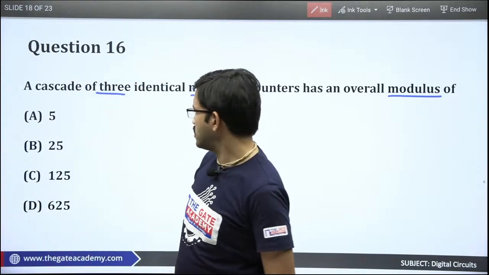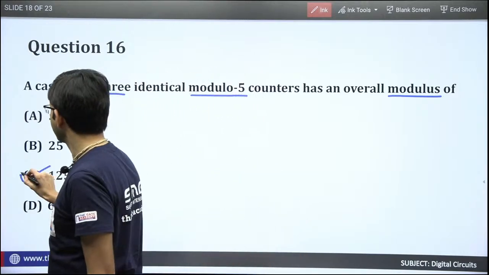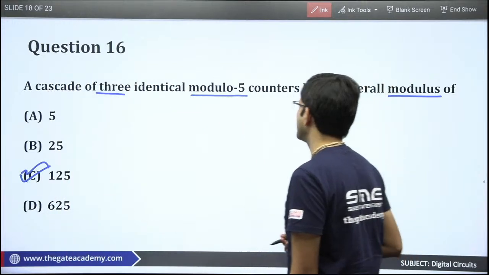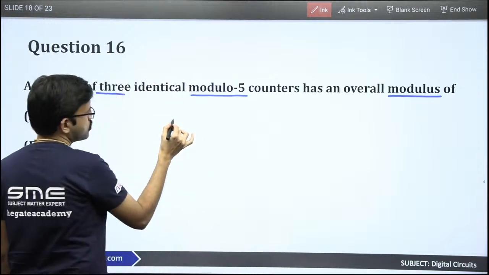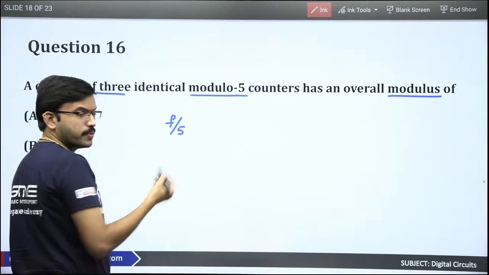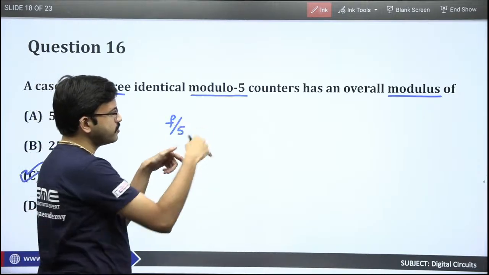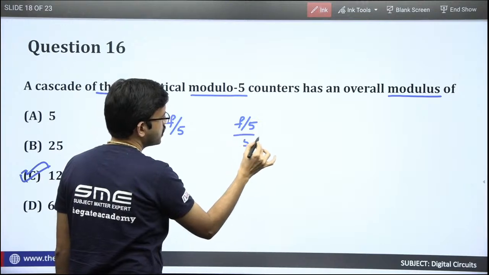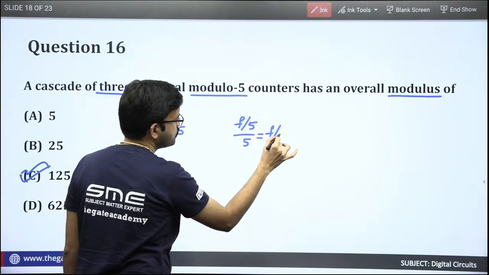Yeah, very good, Nikita. Answer is option C. It is very simple. You are having 3 mod 5 counters in the cascaded format. At the first stage you will get f by 5, which is the clock signal frequency for the next stage. So f by 5 divided by 5 is f by 25.